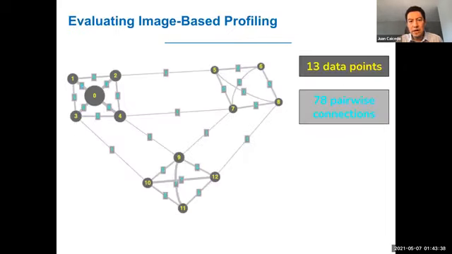And how do we evaluate that? Imagine we get 13 compounds in this case. So each of the gray nodes in this graph is one compound. And we have a population of cells in each of the compounds that have been aggregated. Let's say this is the mean of the morphology according to the features in the network. So what we want to do is to be able to understand which compounds are similar to each other.